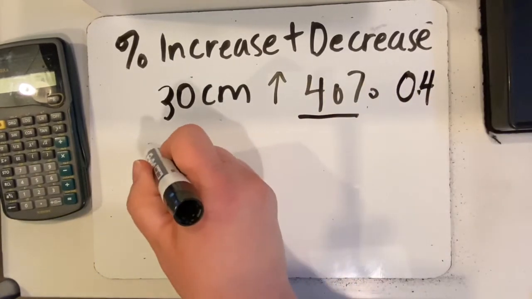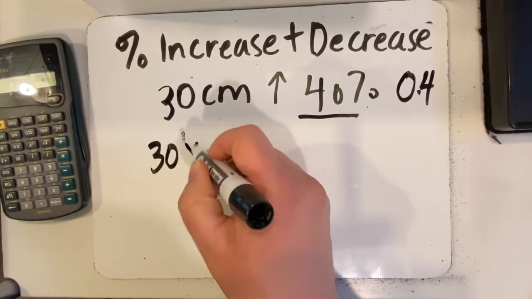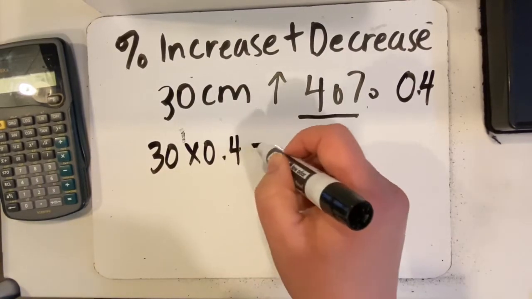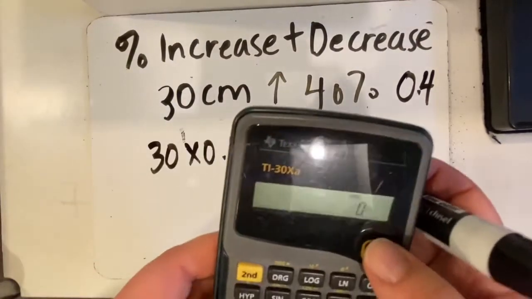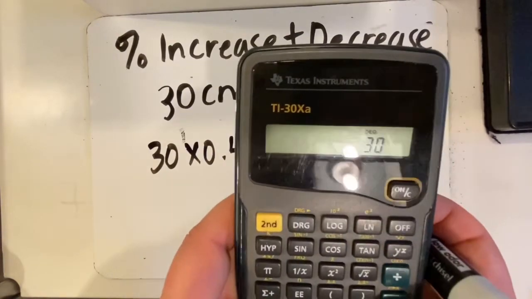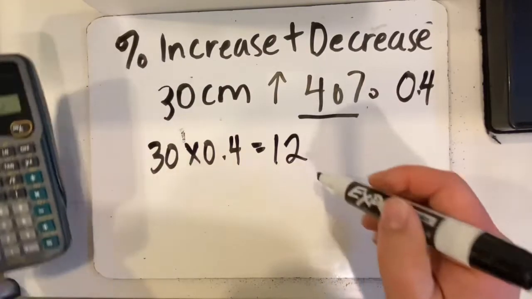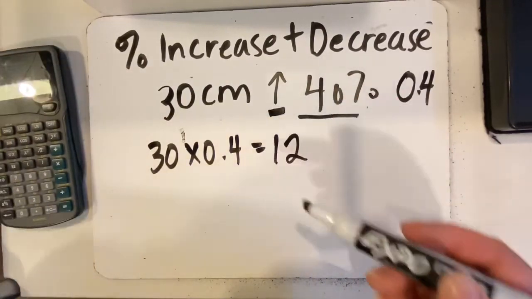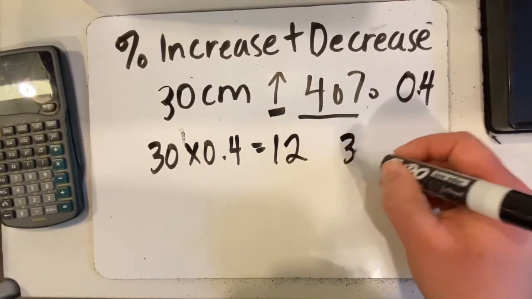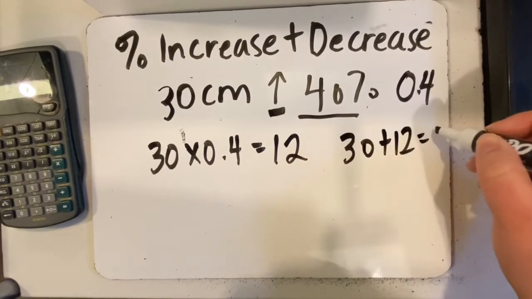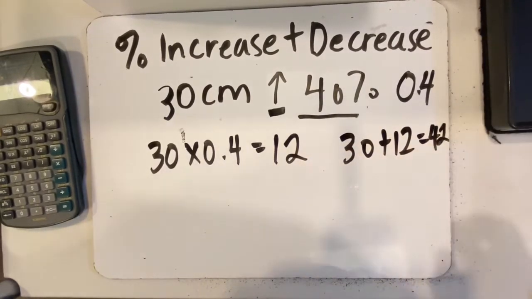Method 1 would be multiplying the original number by the decimal number. So 30 times 0.4. This would be the amount that it's increased. If we're increasing something, that means adding. So I do 30 plus 12. So my new length is 42.